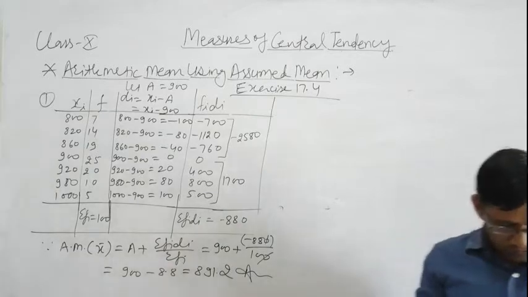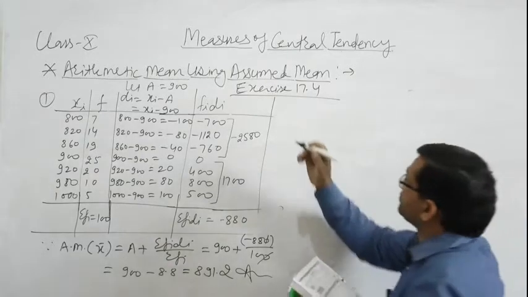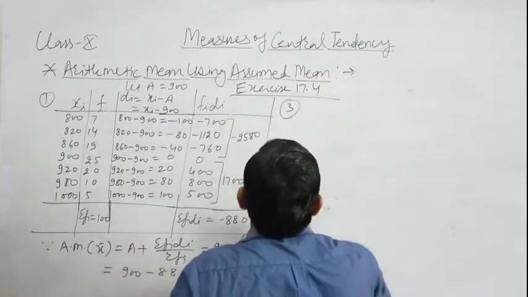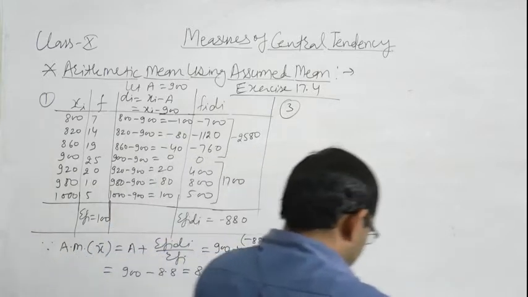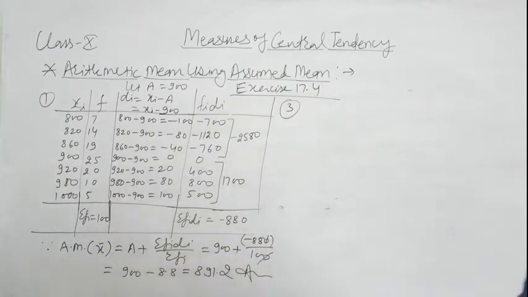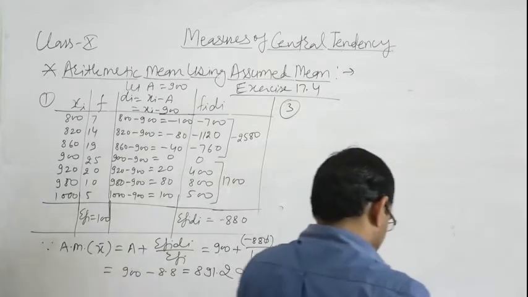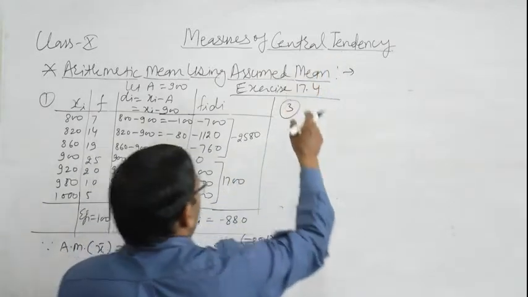Now question number 3. Question number 3 has expenses and number of workers.